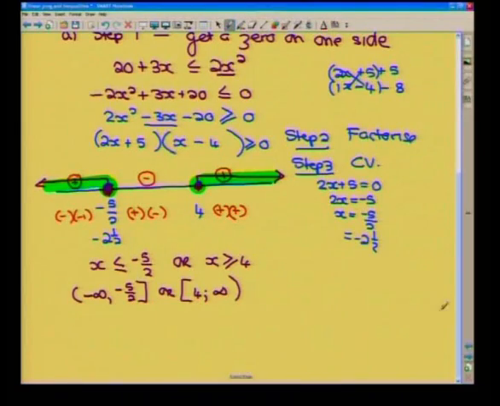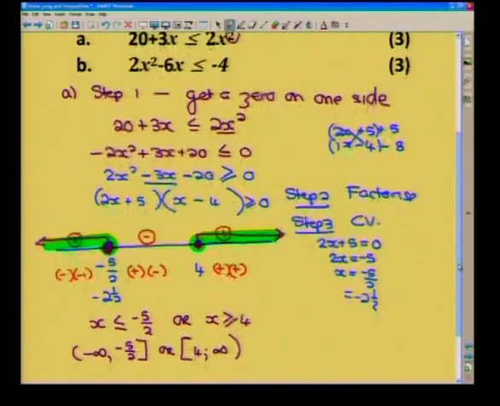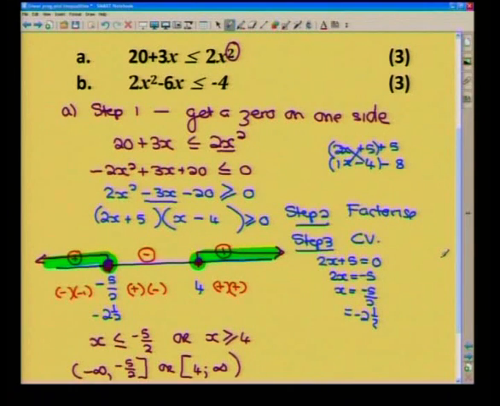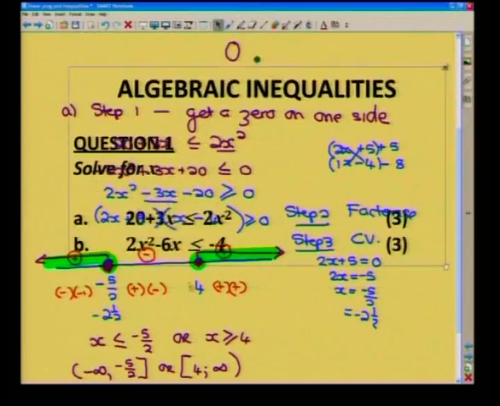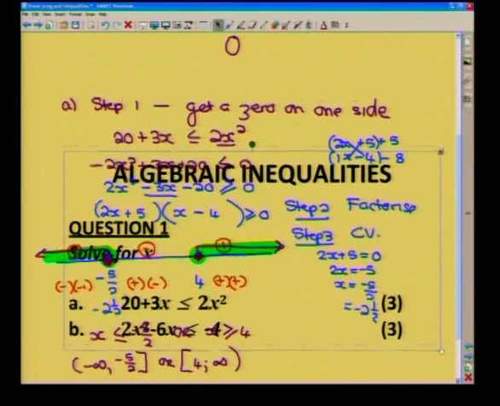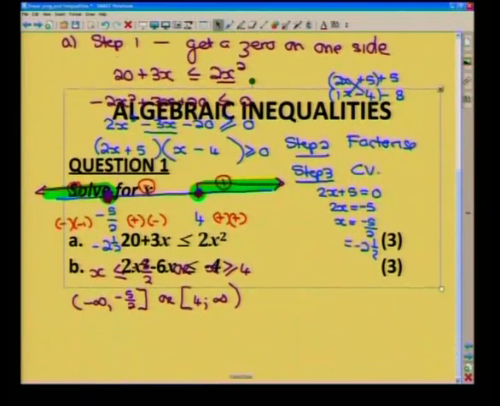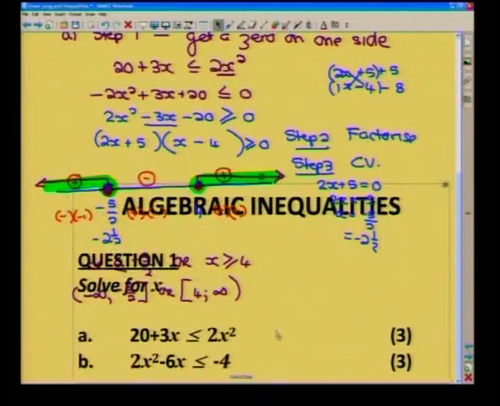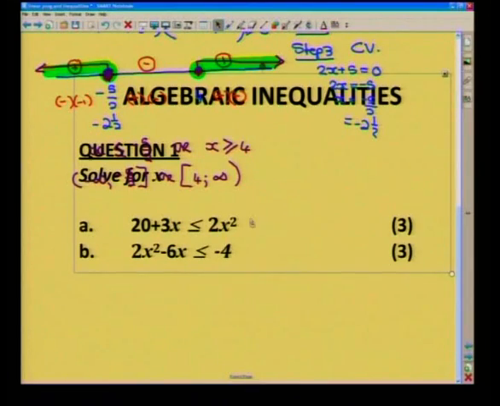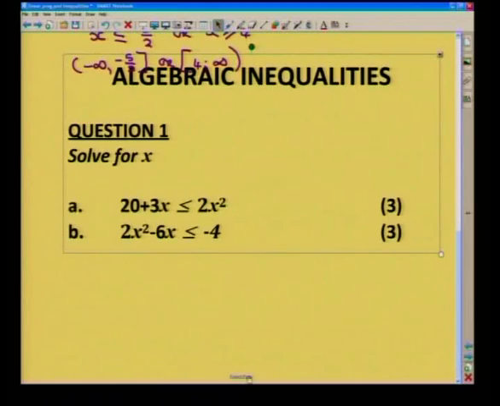All right, so let's go now and see how the other one is. The other one says 2x squared minus 6x smaller than or equal to minus 4. So I think for convenience, let's pick this up and drag it down so that we can actually have a look at it at the bottom here. All right. Okay.